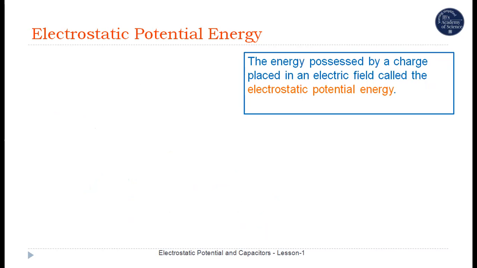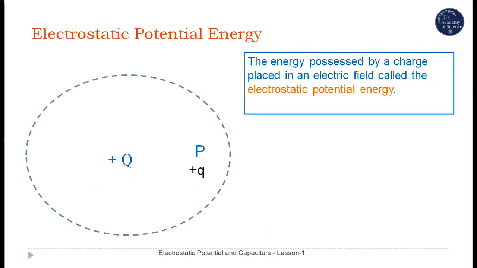Similarly, if a charge is placed in an electric field of another charge, it will possess a potential energy called electrostatic potential energy. The energy possessed by a charge placed in an electric field is called electrostatic potential energy.